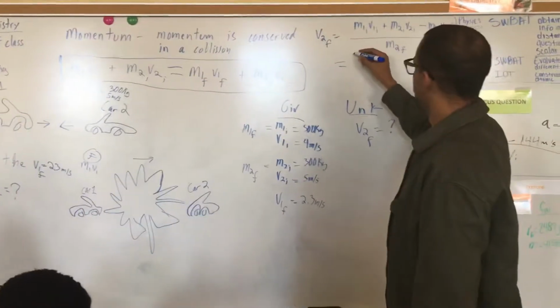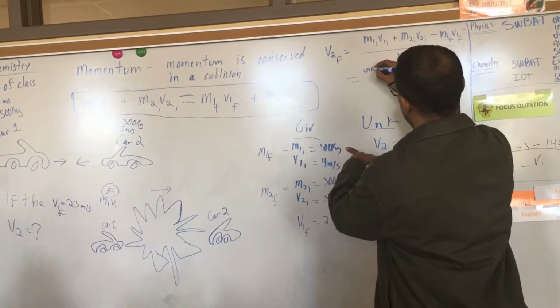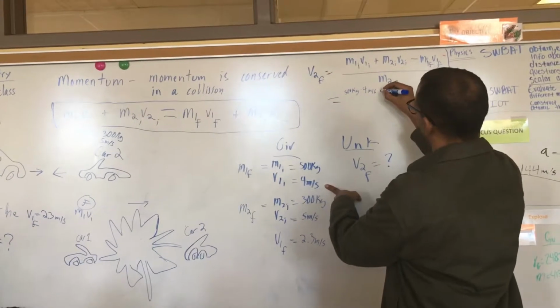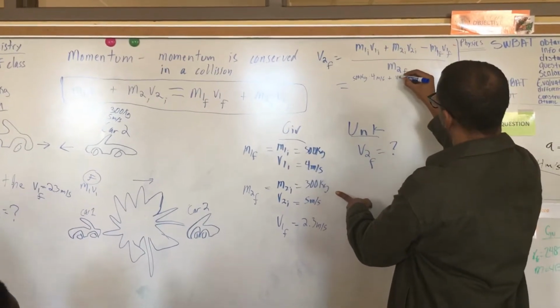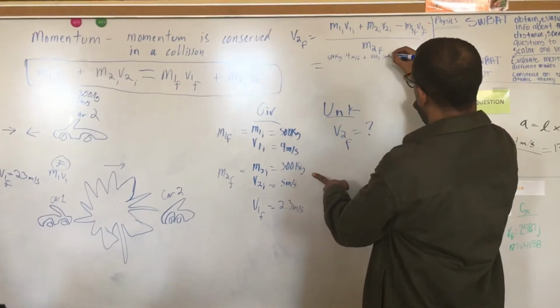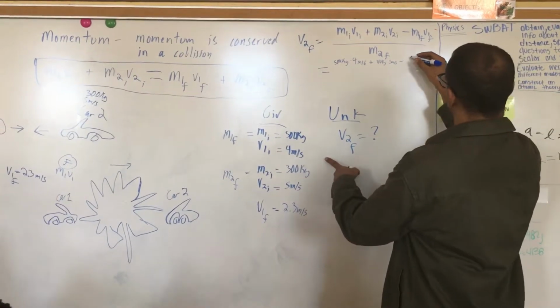So I know M1 V1, 500 kilograms times V1 is 4 meters per second, plus M2 V2, 300 kilograms times 5 meters per second, minus M1 final V1 final.